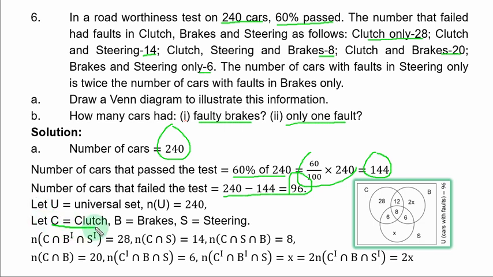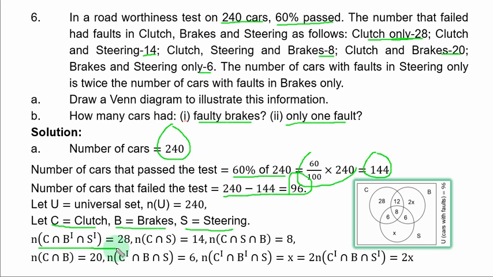Let C represent crash, B is brakes, and S is steering. So from the question, crash only, that is no business with brakes and steering, that is C intersection B complement intersection S complement.